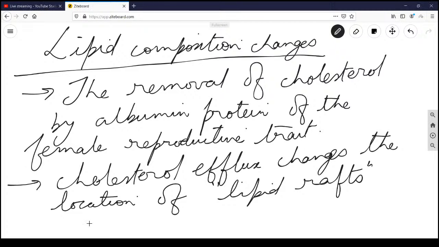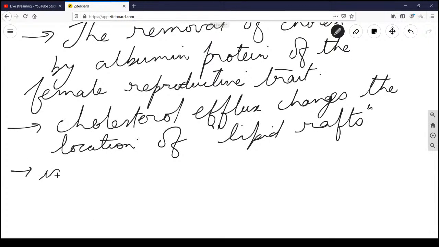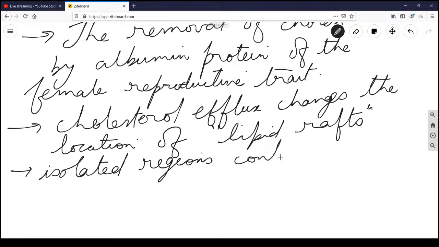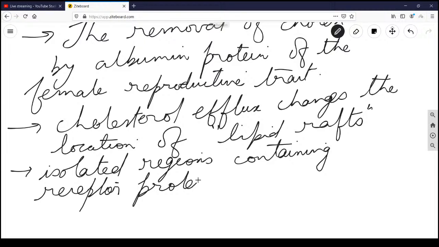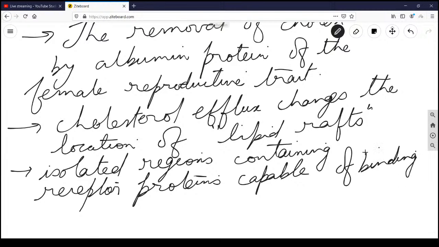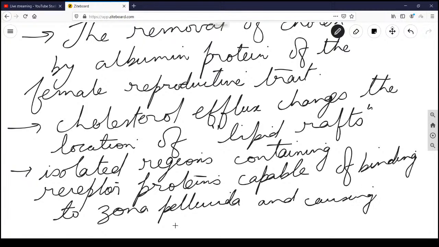So lipid rafts are isolated regions containing receptor proteins, capable of binding to the zona pellucida and causing the acrosomal reaction.